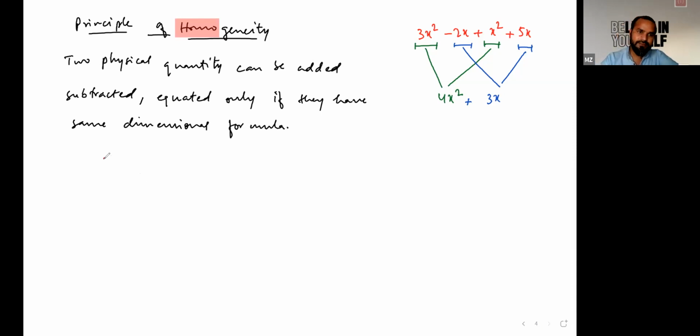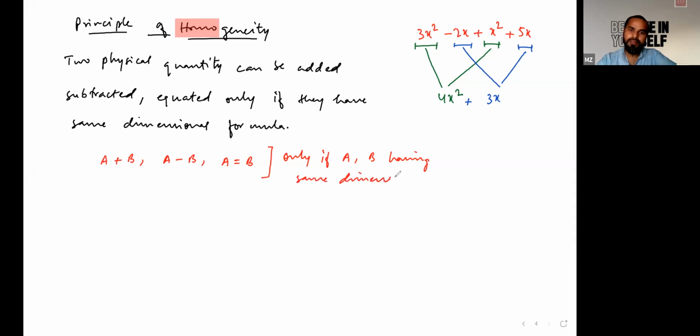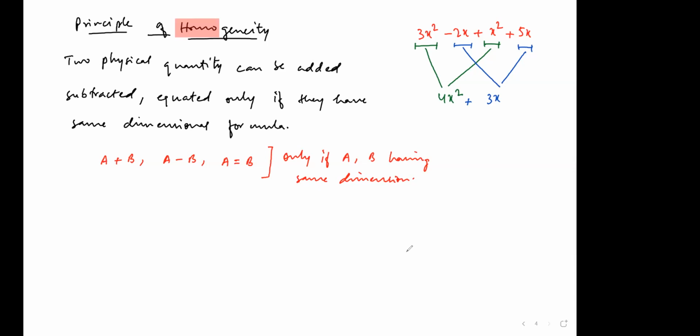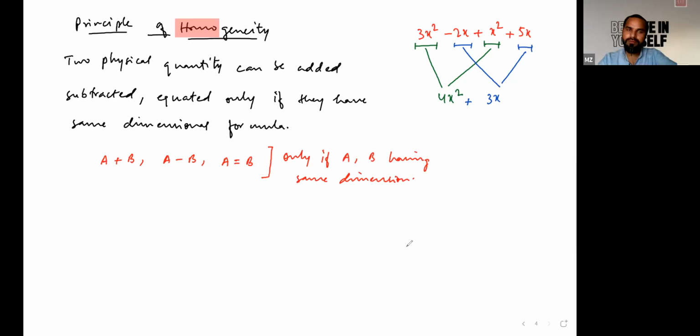So if A plus B, A minus B, and A is equal to B is written, in all of these three different relationships between A and B would be possible only if A and B have the same dimension. Otherwise, it would be meaningless. Is it clear to everyone? Yes, sir. Safan, any doubt?